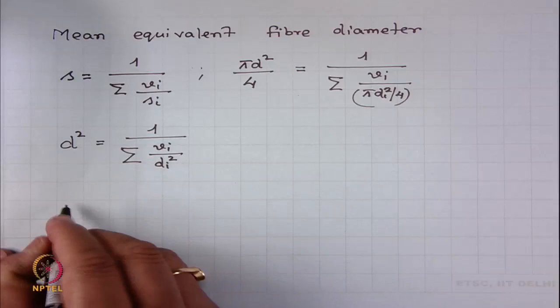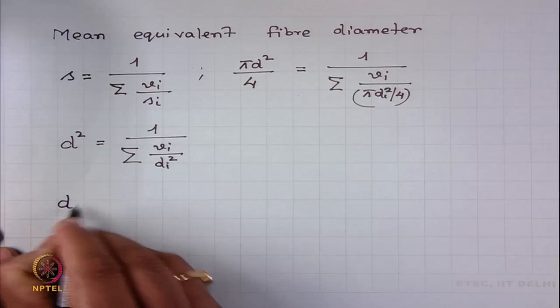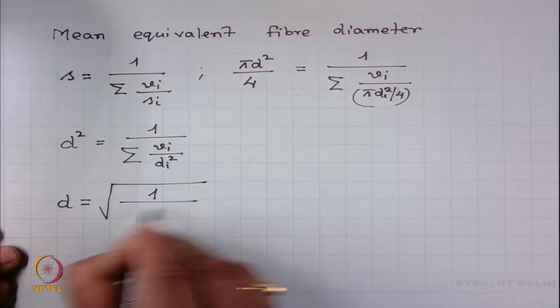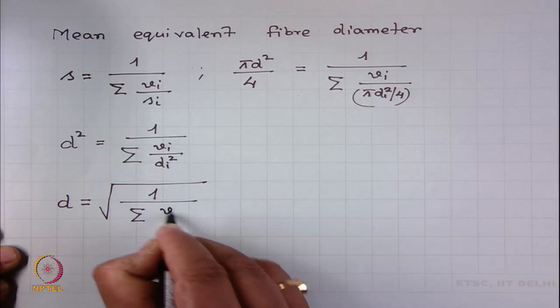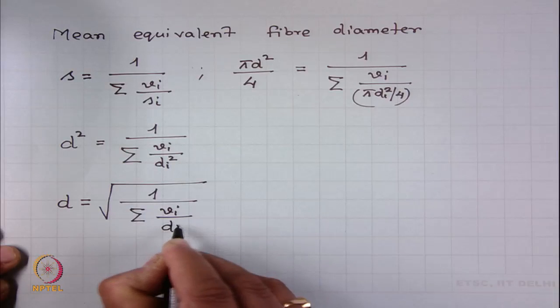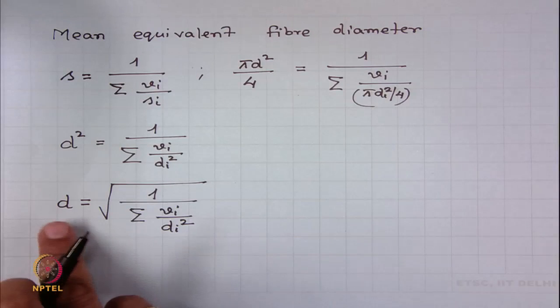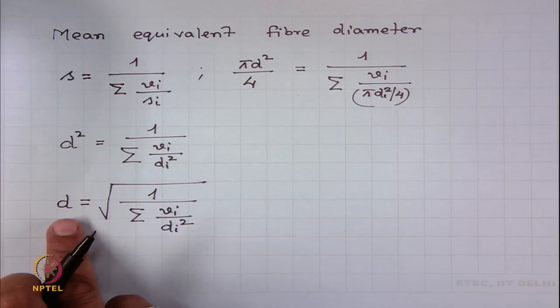If we take the square root, we obtain mean equivalent fiber diameter, 1 divided by square root of summation volume fraction by di squared. So, this is the expression for mean equivalent fiber diameter in the blend.